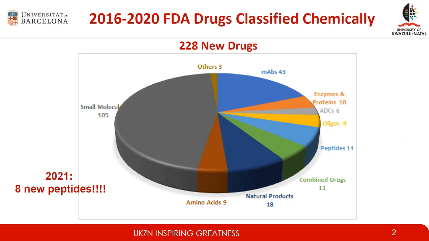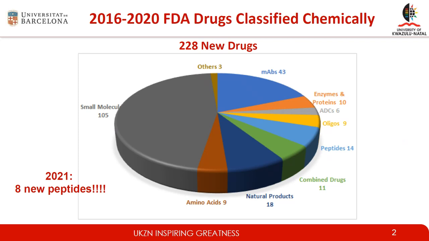This is an analysis that every year Beatriz and I do on the new drugs accepted by the FDA. In the 2016-2020 FDA drugs accepted, there are totally 228 new drugs, and 14 of these new drugs, around 7-8%, are peptides. But this 2020-2021 year is wonderful.